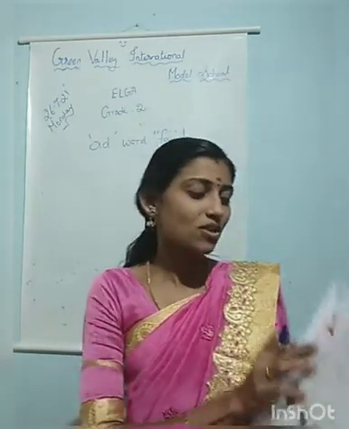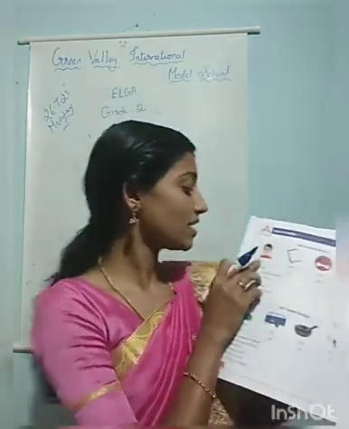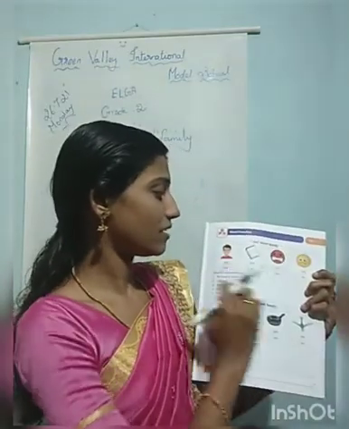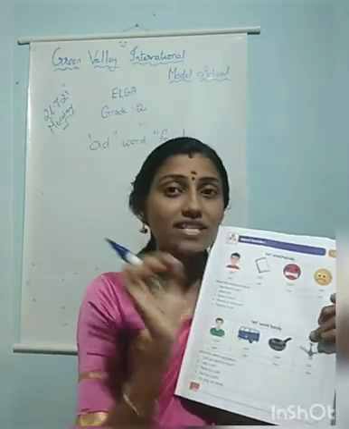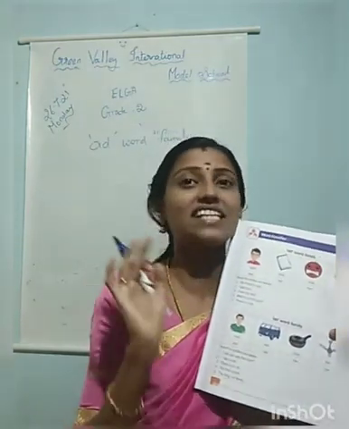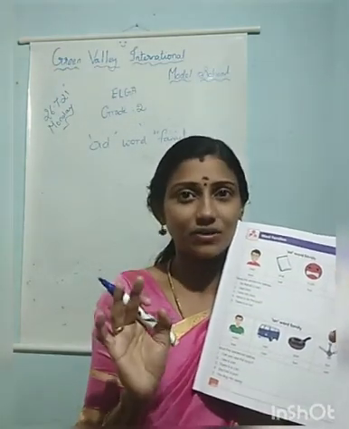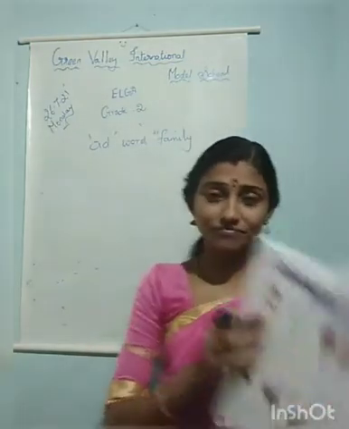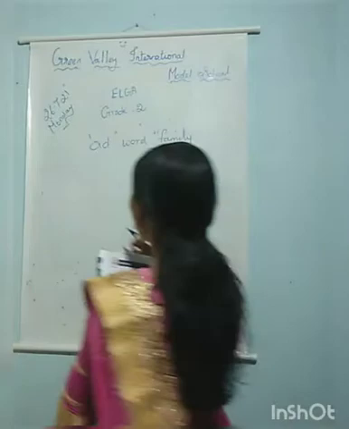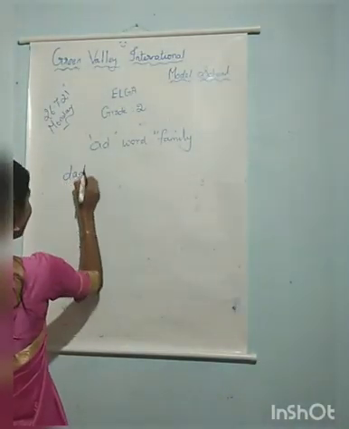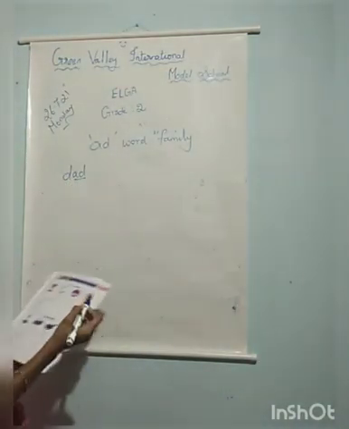Look at this picture. These are all about the AD word family. The words end with AD. You are going to learn 3-letter words here. First word is dad, D-A-D.